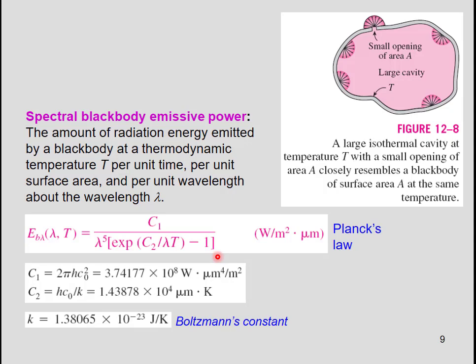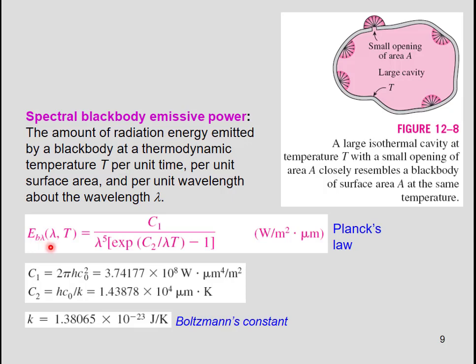This spectral black body emissive power is the amount of radiation energy emitted by a black body at a thermodynamic temperature T per unit time, per unit surface area, and per unit wavelength about the wavelength lambda, as you can see here.